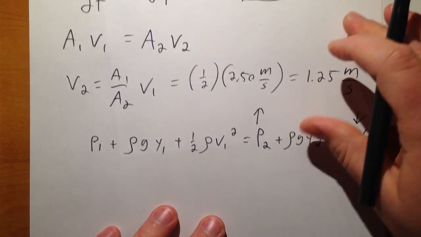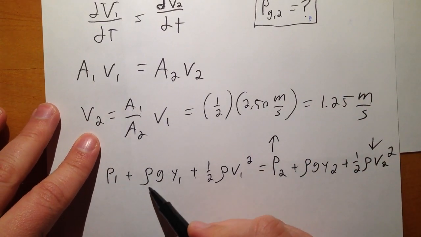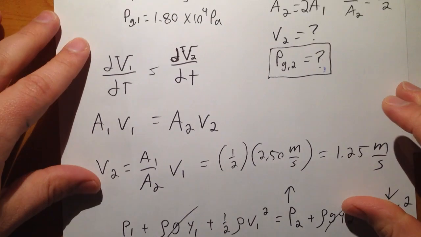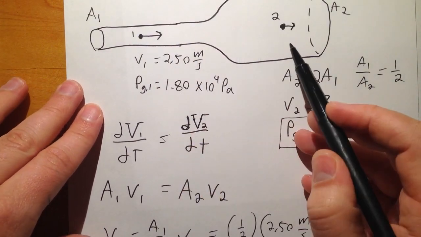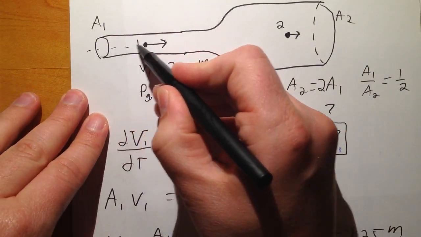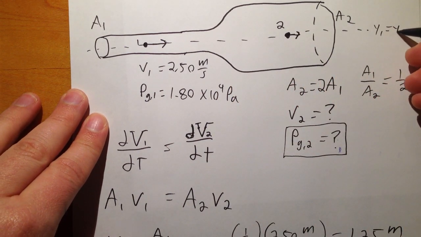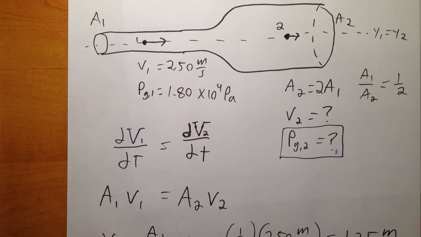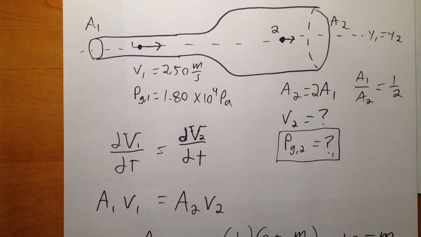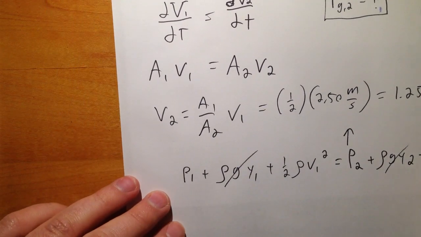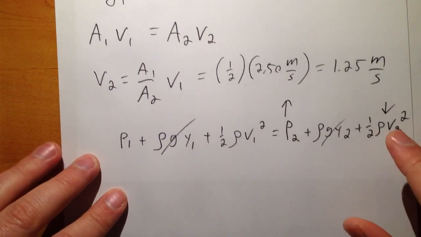These two terms are just going to cancel out. Why is that? Because point 1 in this pipe and point 2 are both in the middle of the pipe, and the pipe hasn't changed in height. So y1 is equal to y2. There's no change in the gravitational potential energy density, so these two terms I can just cancel.